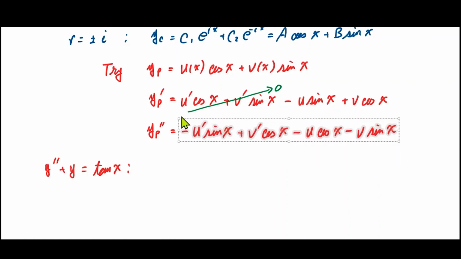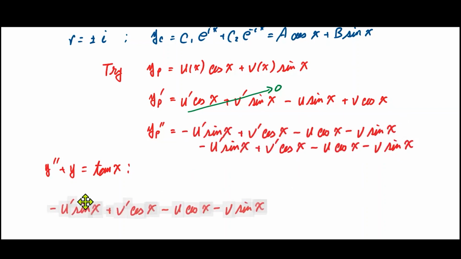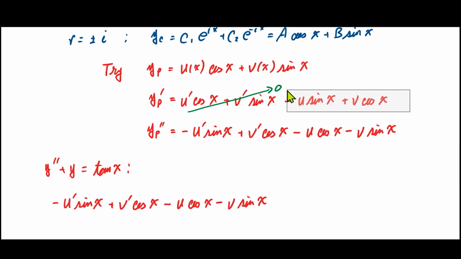I can do copy and paste. So I have all of that here. I have this much. No, not that one, this one. I'll just copy that one because that's written differently. Plus u cosine of x plus v sine of x is equal to tangent x.